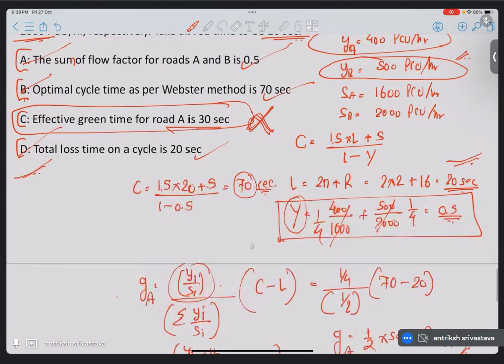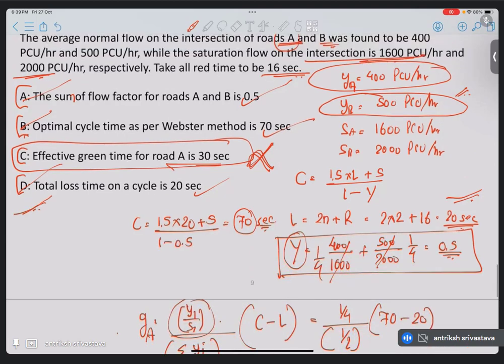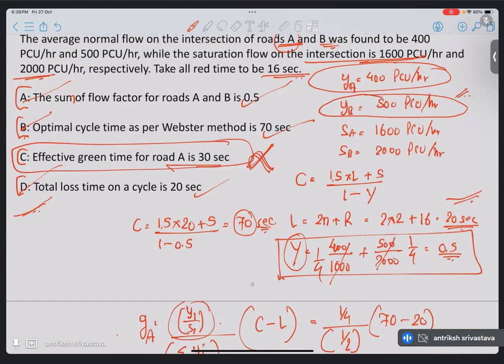Yeah. So I hope you're able to understand how to use Webster's method, and how to proceed and calculate all these things, because questions will come directly from Webster's method.